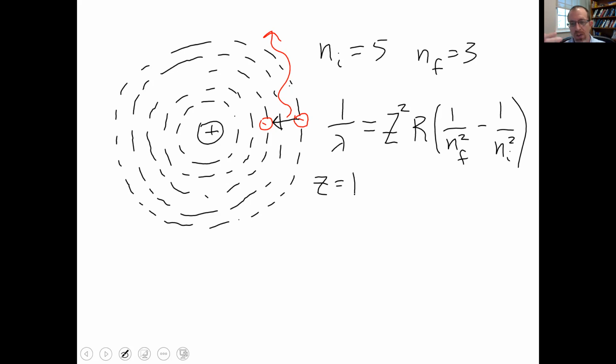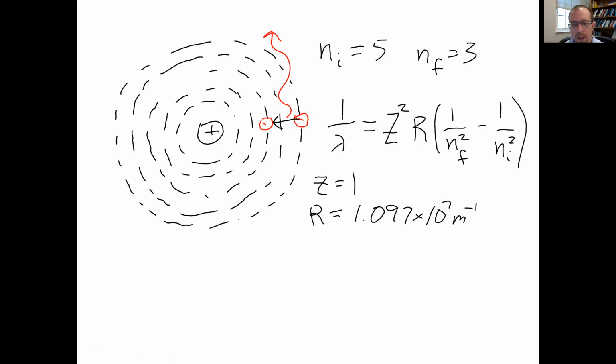So wherever you see a z when you're doing computations in this exercise, z is 1. R is the Rydberg constant. That is also given to you on the lab. And the Rydberg constant has a value of 1.097 times 10 to the 7 inverse meters.